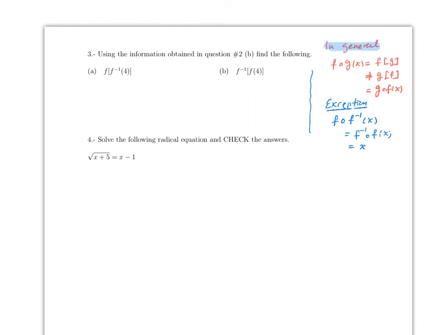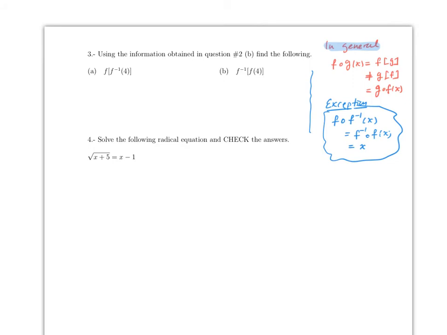So this is a very special result. Okay. So again, in general, if you switch these two, you don't get the same answer. But if you do this with the inverse of each other, it is the answer. And not only that, the answer is always x.